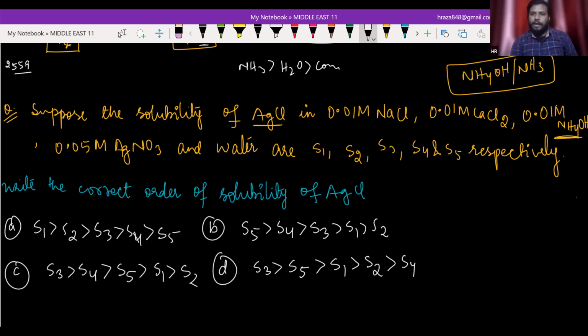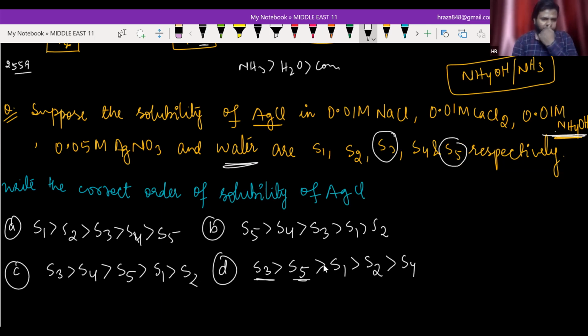NH4OH is exceptionally very soluble in water. So S3 will be maximum, and in water, the second is S5. So if you look at the options, S3 and then S5.